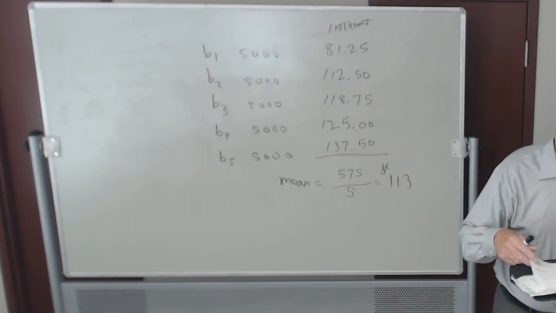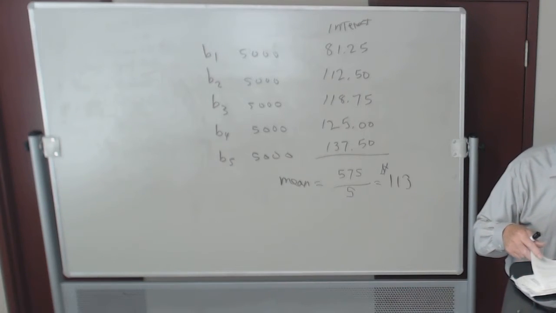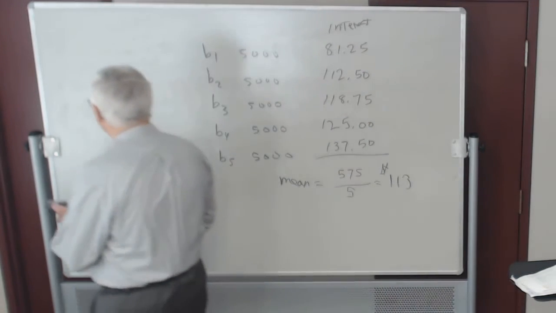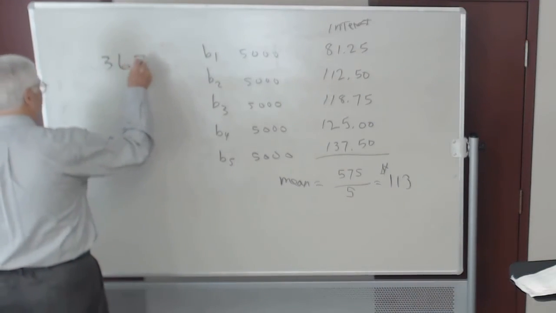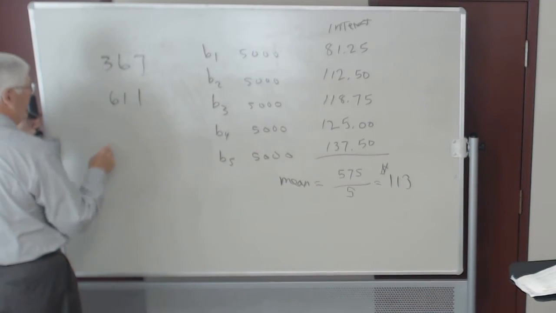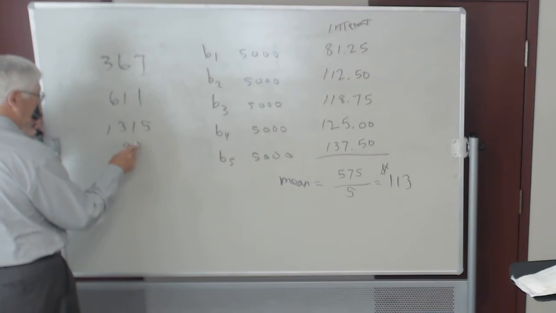How many 5 and 6 room houses in tract 1? 367. In tract 2? 611. In tract 3? 1,315. In tract 4? 900. Is that it?